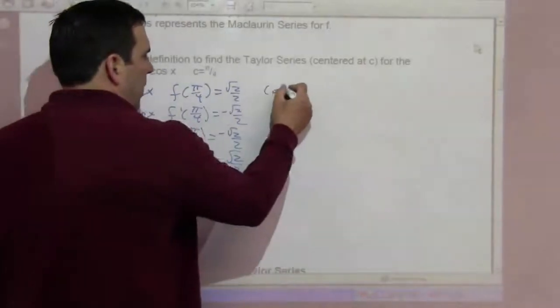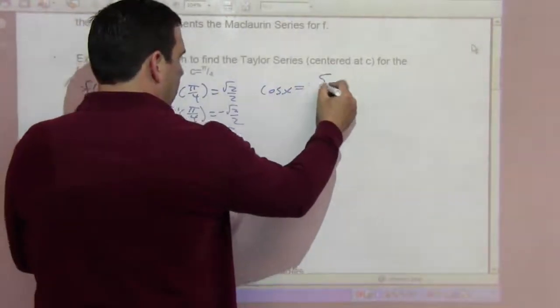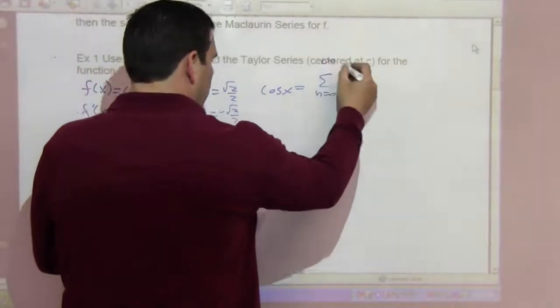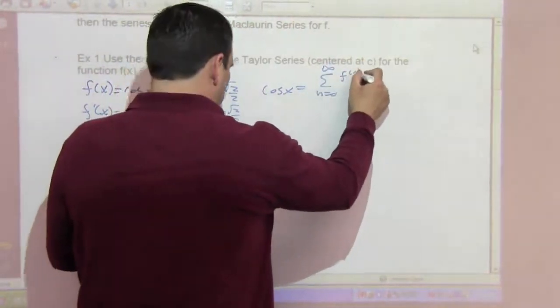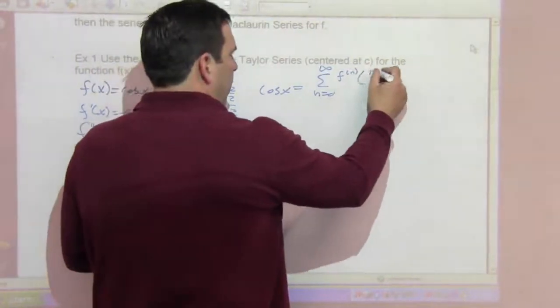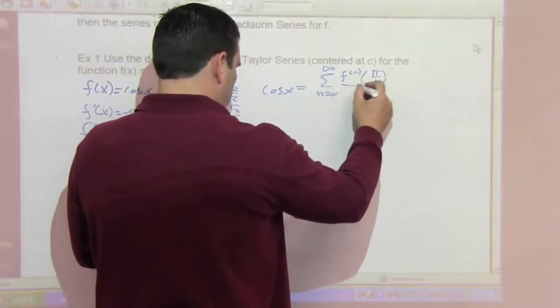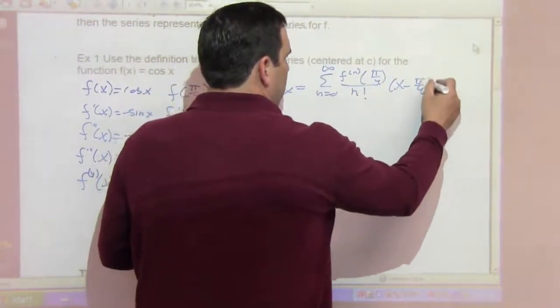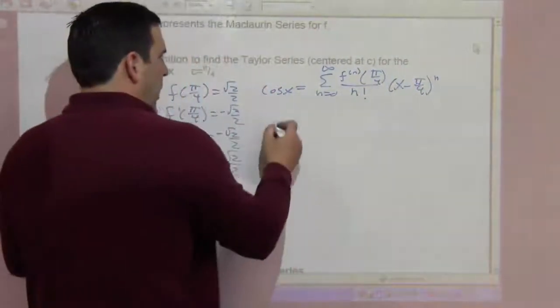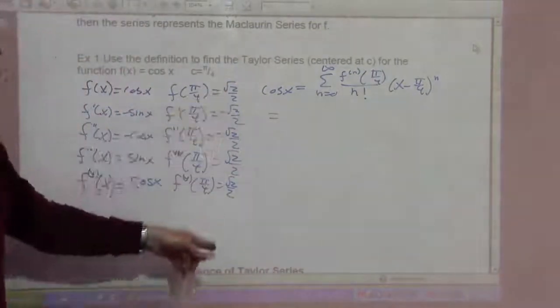So our cosine of x could be written as the sum, as n goes from 0 to infinity, of the nth derivative of f at pi over 4 over n factorial times x minus pi over 4 to the n power. And we see square root of 2 over 2 in all these.